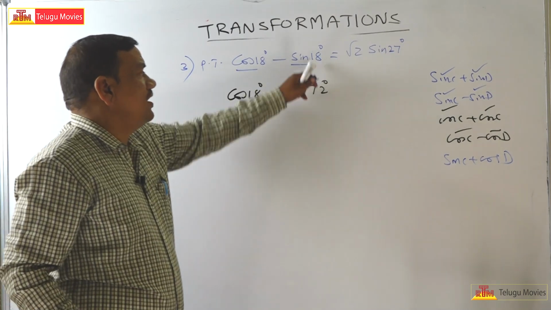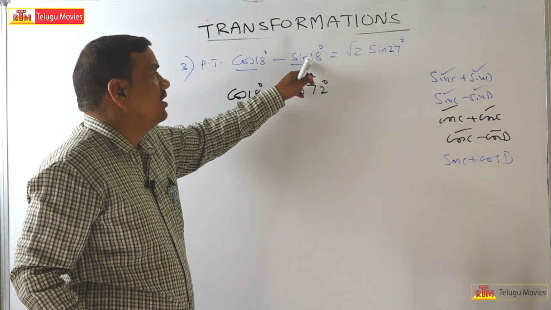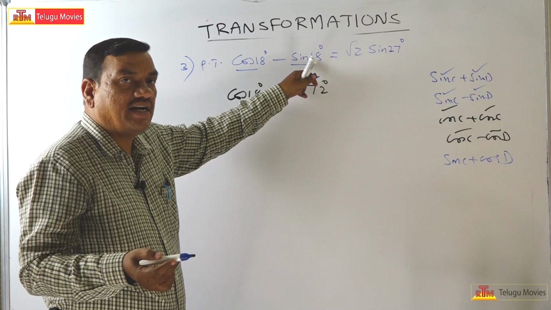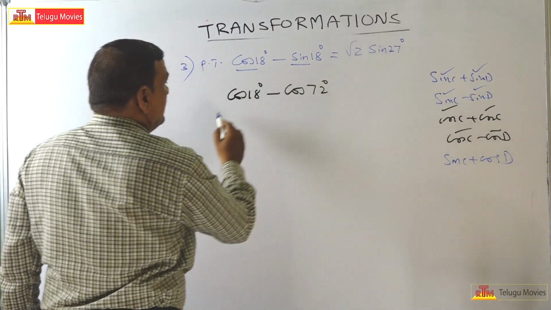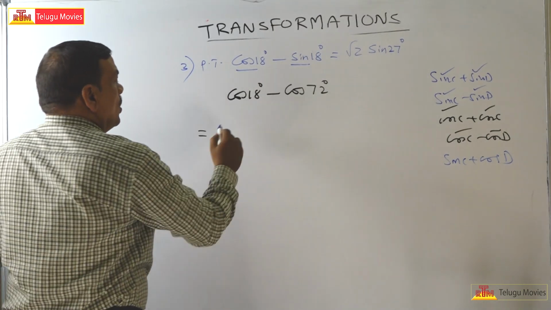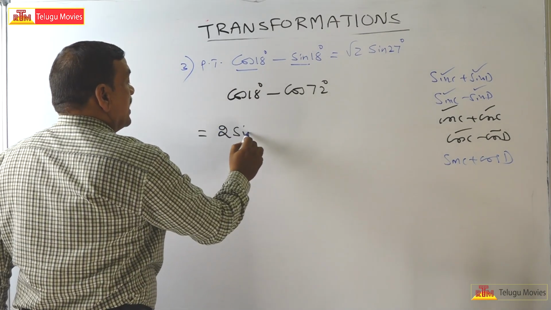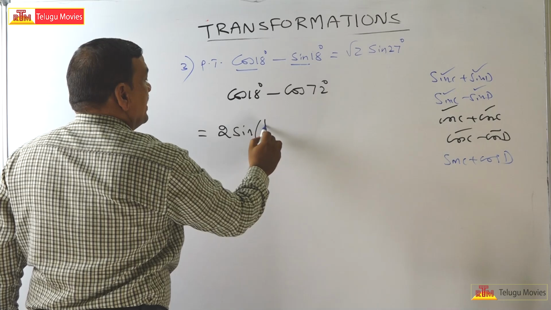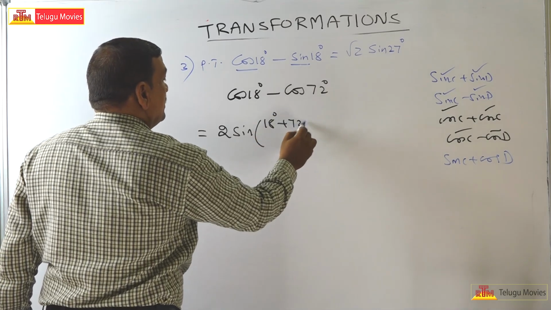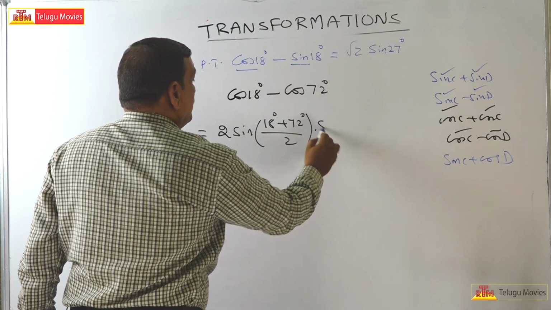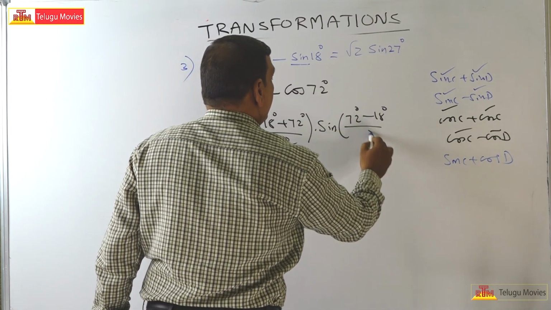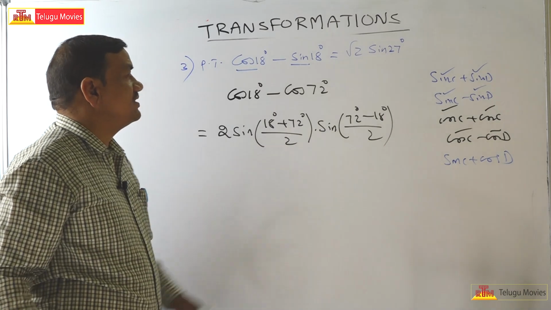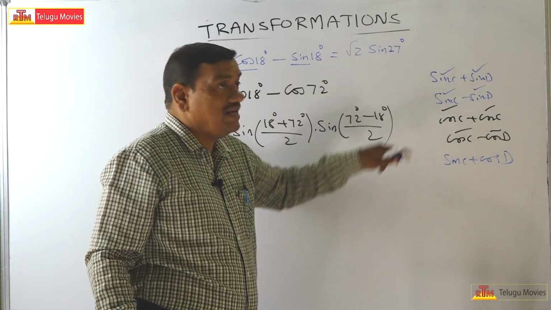You know, these two are complementary angles. This 18 degrees, I can write as 90 minus 72. Now, see the problem, cos C minus cos D is equal to 2 sin (C plus D) by 2, that is 18 plus 72 by 2, into sin (72 minus 18) by 2, that is sin (D minus C) by 2.